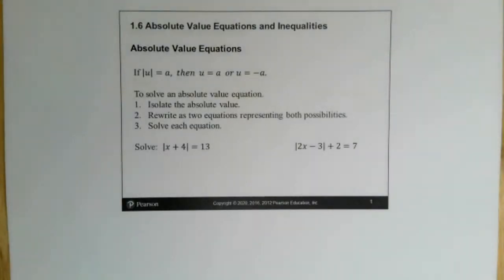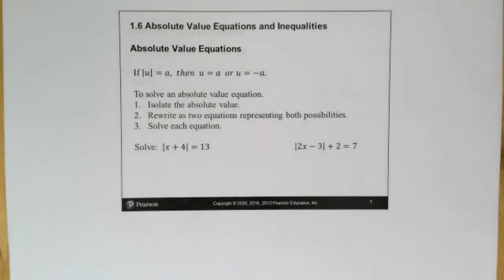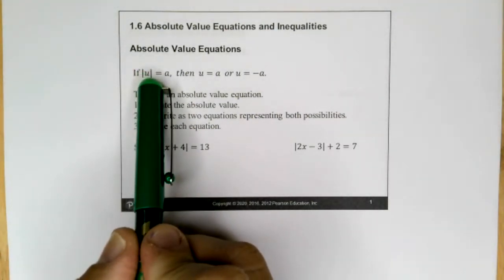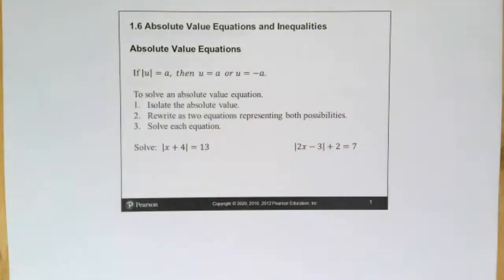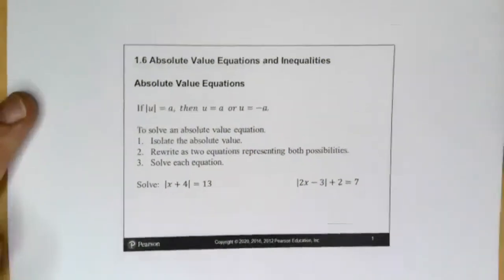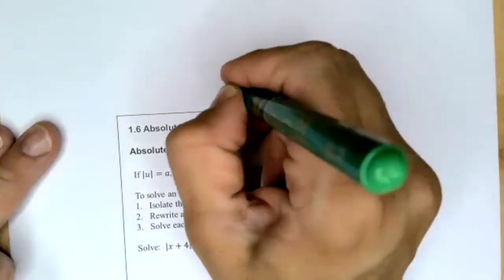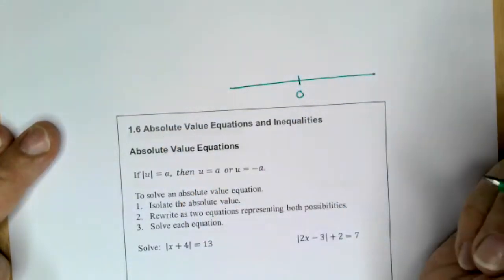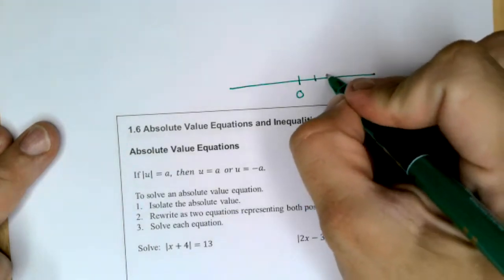So what does absolute value mean? Absolute value is finding out the distance between that number, whatever is inside here, and 0, okay? It does not matter if you are moving, so you're on a number line, and the middle of the number line is 0, right?